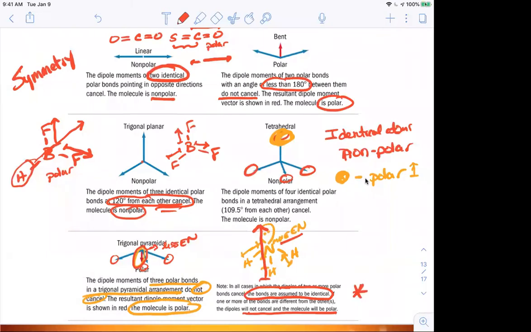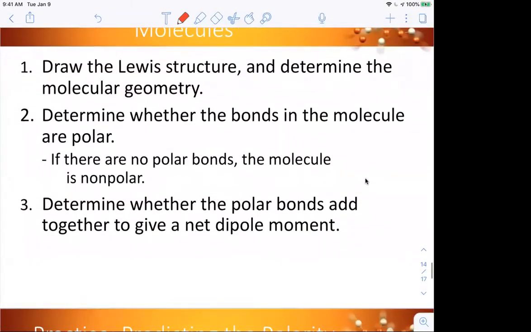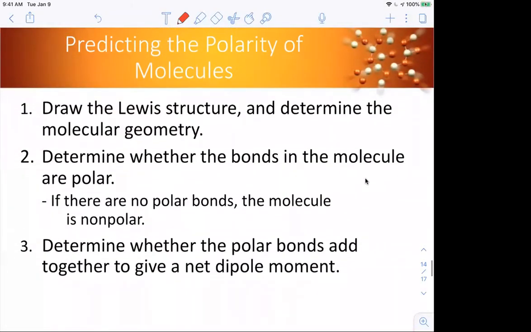So this is a huge piece down here that you have to apply when you go through and assess whether a molecule is polar or not polar. So to do this, you need to draw the Lewis structure. You need to determine the molecular geometry.